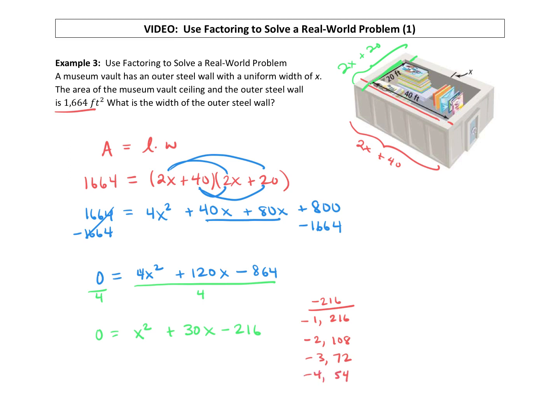If we add those, we get 50. We're actually getting closer to the 30. We're just not quite there yet. 5 is not going to be a factor. 6 is a factor, negative 6 and 36. And there it is. Negative 6 plus 36 is 30.